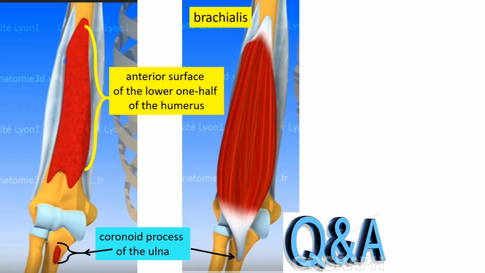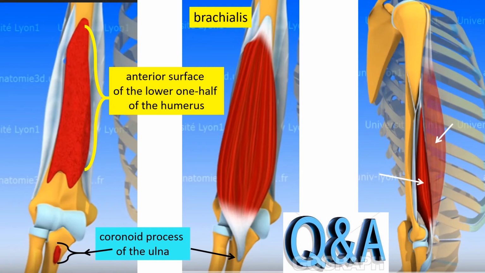And here we have a lateral view of the humerus, where we can see that the anterior muscle is biceps brachii, and deep to it is the brachialis.